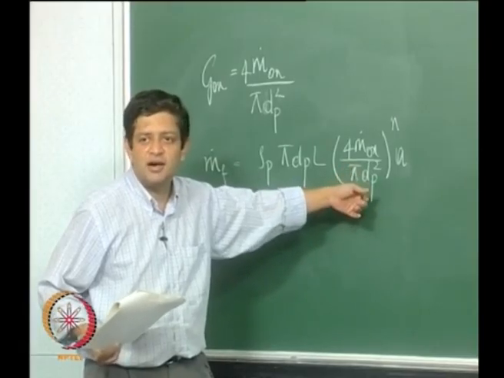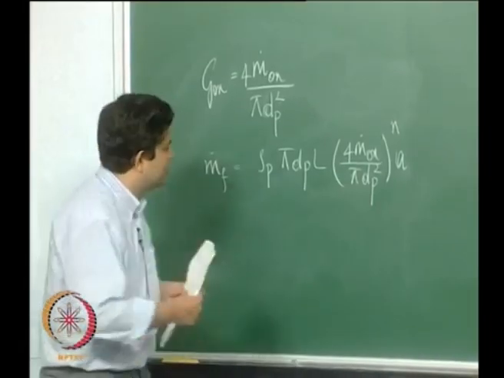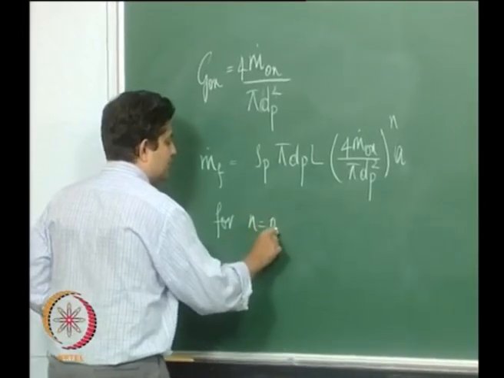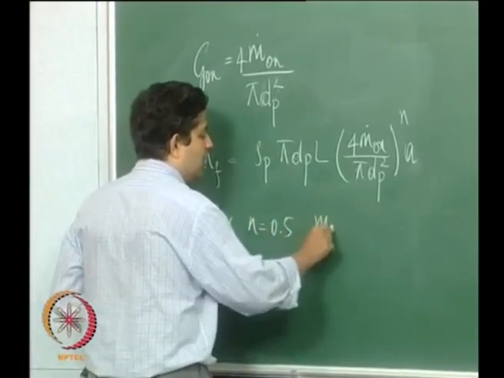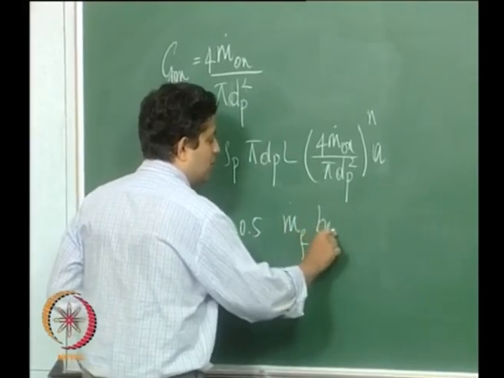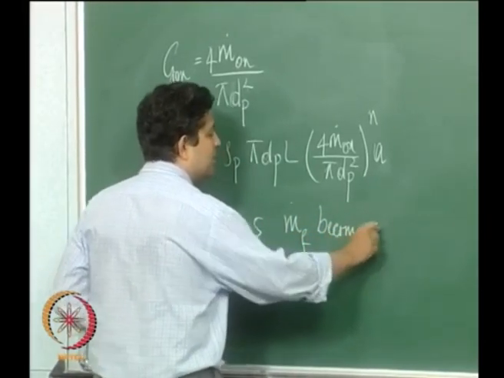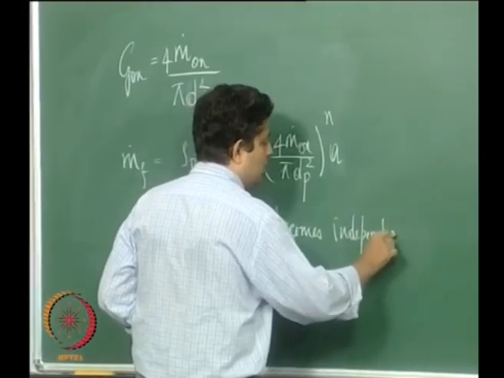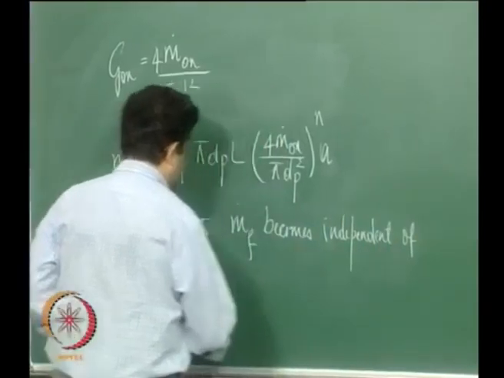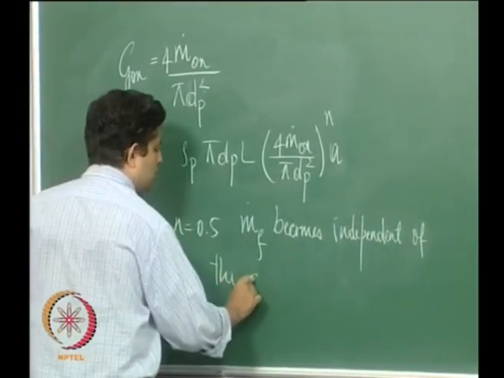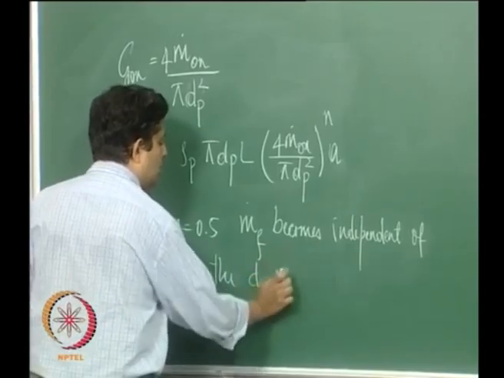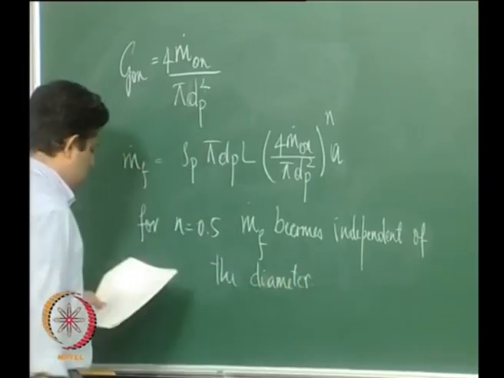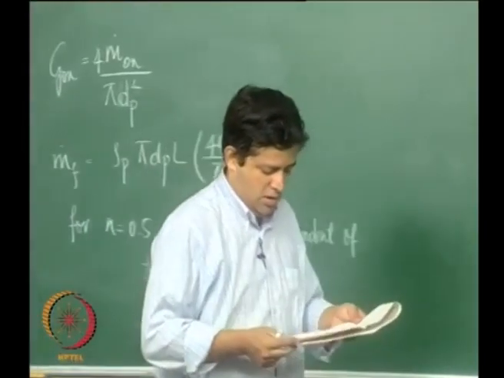It is very obvious that for n equal to 0.5, m dot f becomes independent of the port diameter.